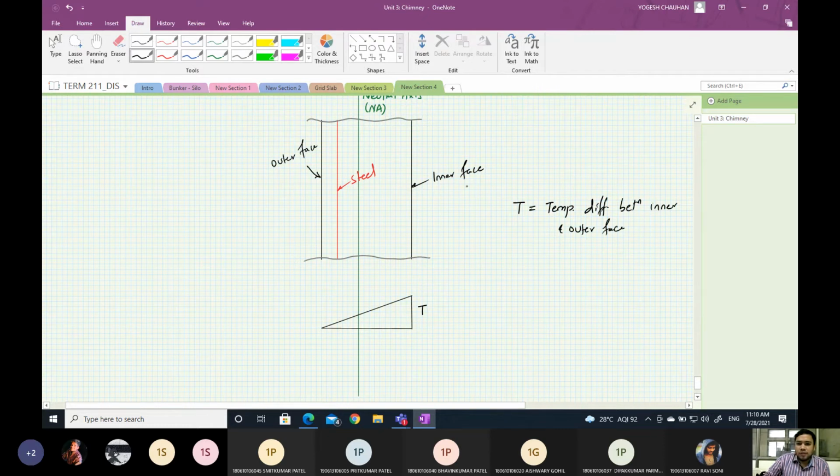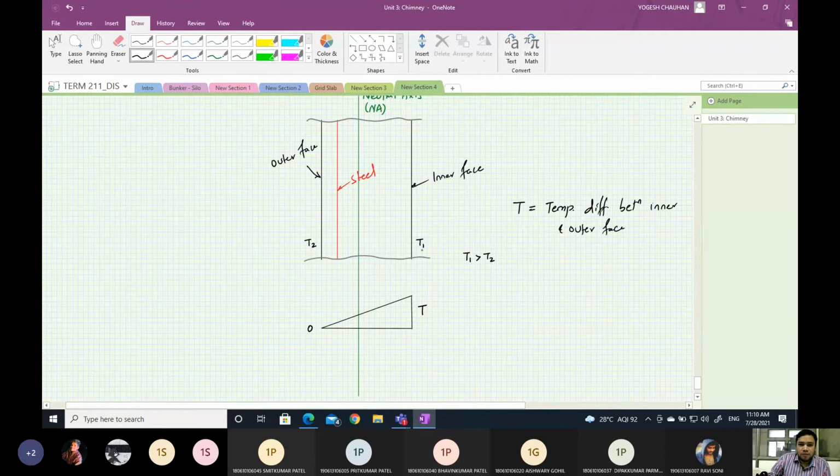On the inner face, temperature will be more, which will be gradually reduced to the outer face. Okay, so if T is the temperature on the inner face and let 0 be the temperature on the outer face. Actually, the temperature will be, let us say, T1 here and T2 here, where T1 is greater than T2. But the difference between the two temperatures, let it be T.